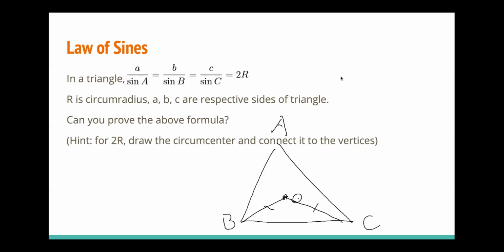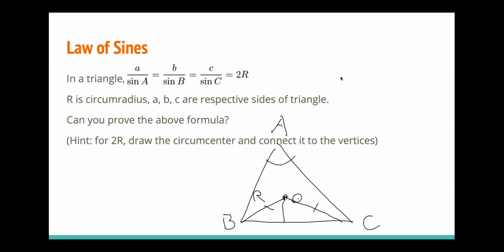If a circle has 2 points on it, the 2 points are equidistant to the center of the circle. So this is R. The angle from the center is also equal to twice of this angle.